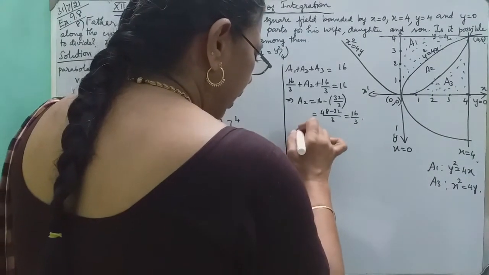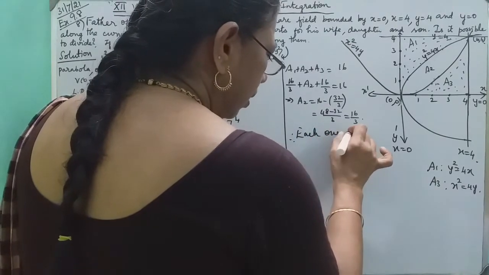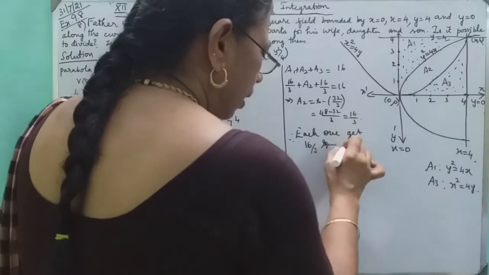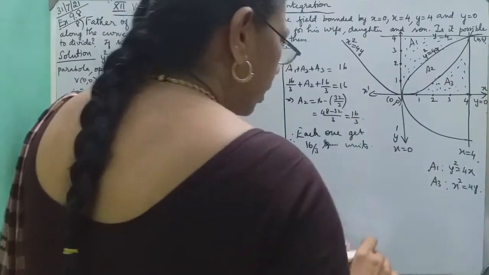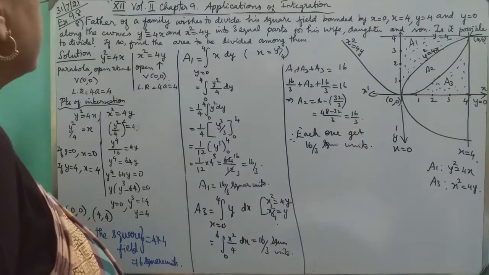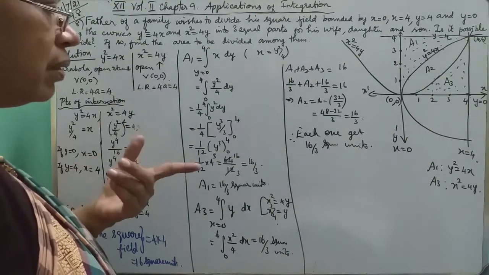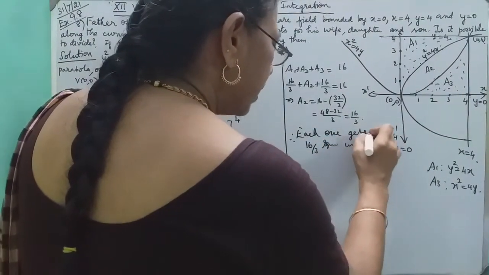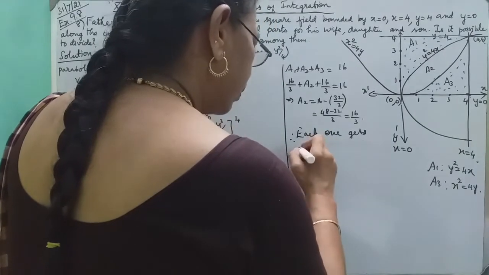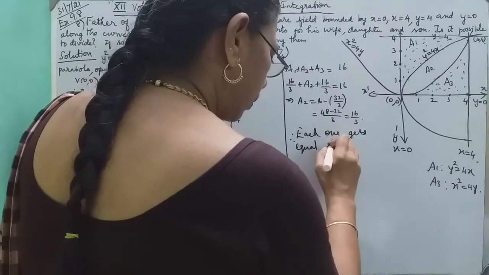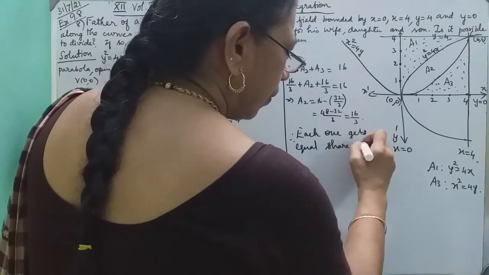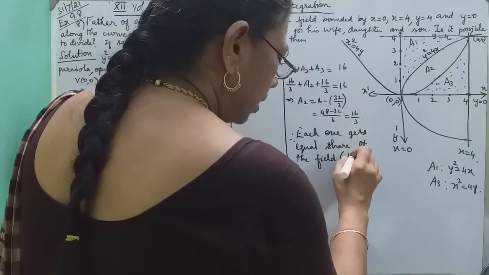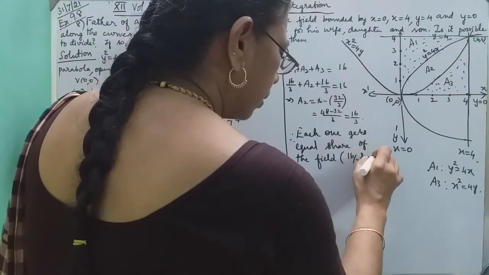Therefore, each one gets 16 by 3 square units. So this is the equal share. Okay. So yes, it is possible. Each one gets an equal share, namely 16 by 3 square units.